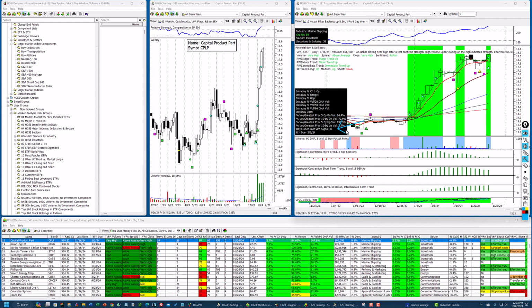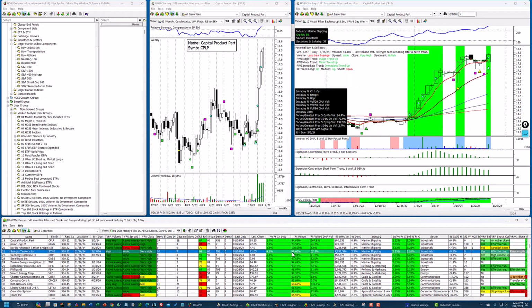I added days since the last VPA signal equals 0, and you can see there were 2 VPA flags on this. So when this fired, this VPA signal was going off and it was meeting the criteria of the pocket pivot volume. So I think this will be very helpful to find changes in volume when compared to the last 5 or 10 days, and maybe be able to jump on some of these stocks that are just starting to move.